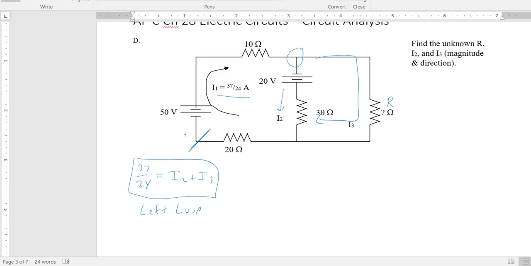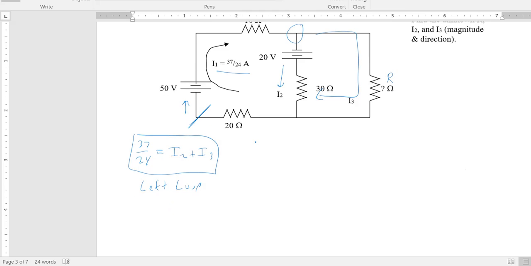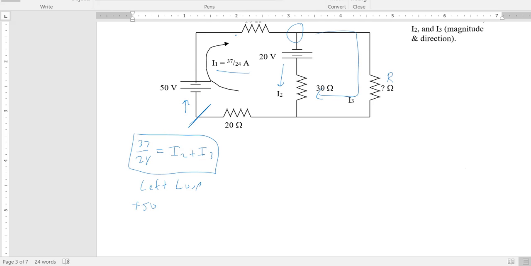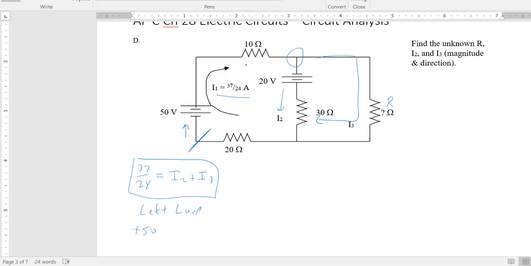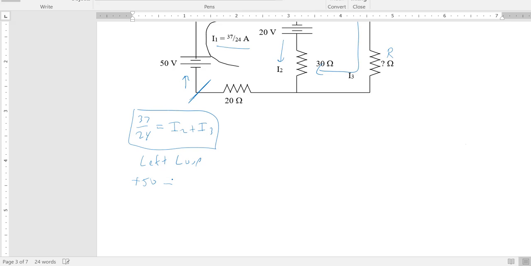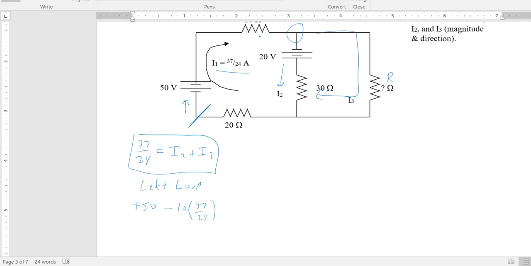If we go clockwise around that left loop, we go with the battery, from the minus to the plus, so let's say positive 50. Then we're going with I1 through that resistor up there, so it's a minus. You're going with the current, so it's a loss in voltage. You're going downhill, so it'd be minus 10 times I1, which is 37 over 24. And then we take a right turn and go down through this battery.